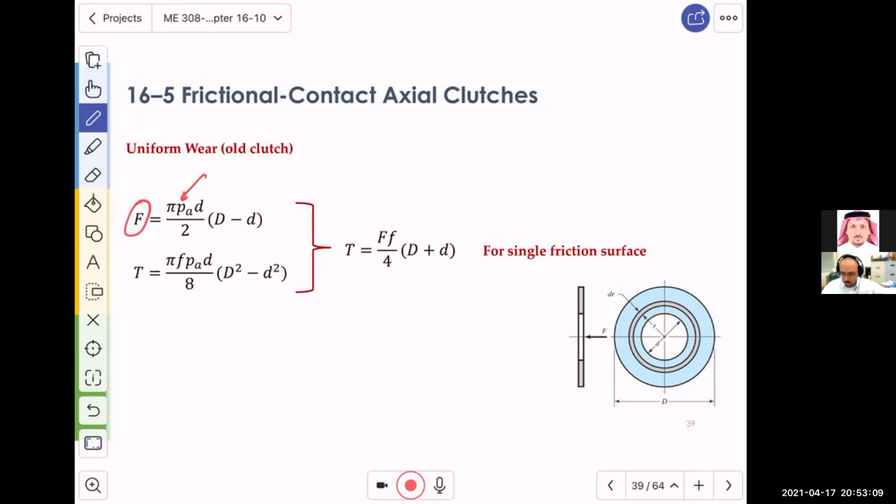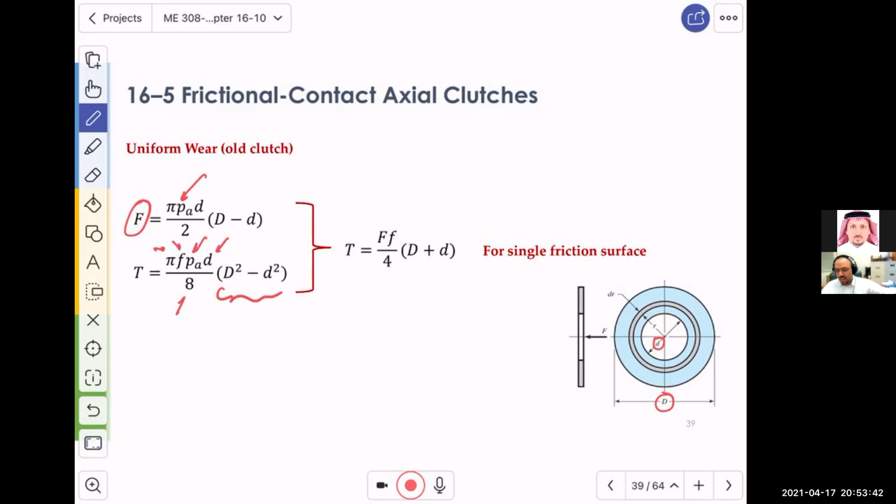It is given by F = PA·d/2 multiplied by (D − d), where D is the outer diameter and small d is the inner diameter. The torque can be found using this equation, where f is the coefficient of friction for the frictional material, multiplied by the maximum pressure, by d small over 8, and then the squared difference between the outer diameter and the inner diameter.